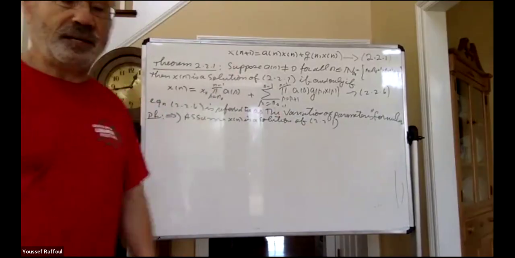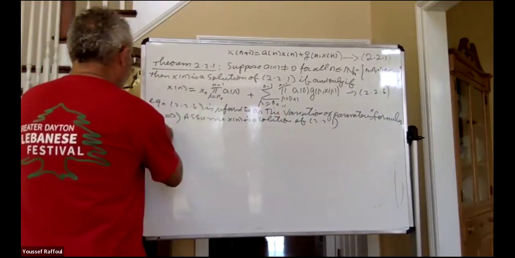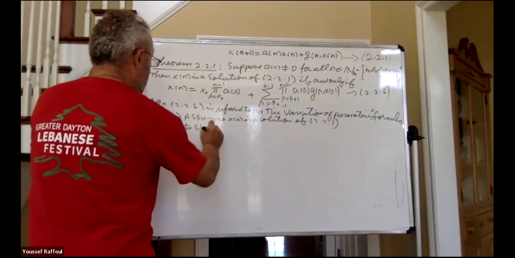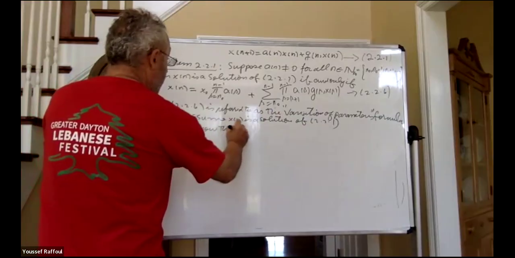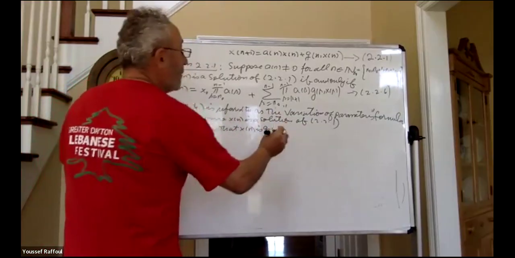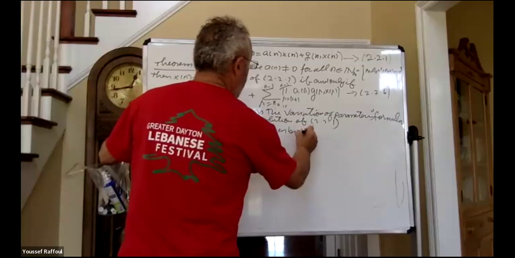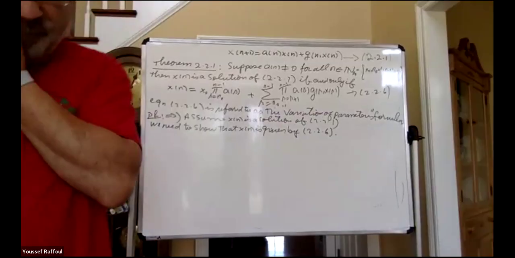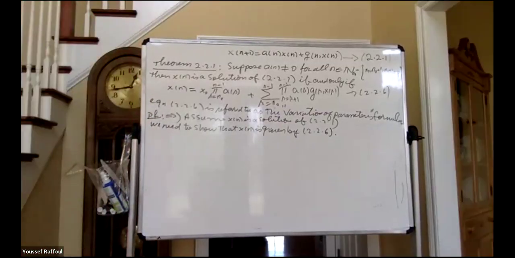We don't know what it looks like, and we need to show that x_n is given by 2.2.6. Okay? Any questions?